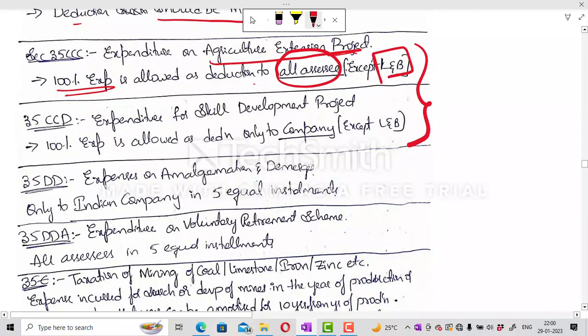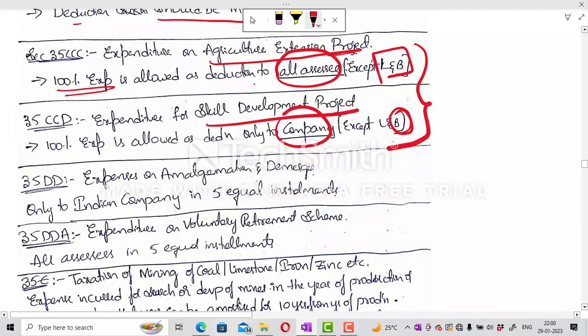Next, expenditure on skill development project.